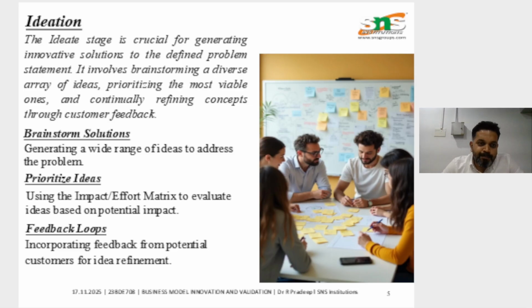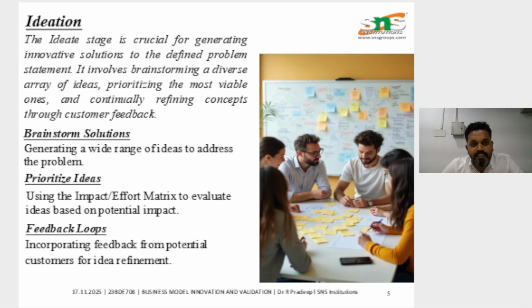From these, we can prioritize which will create a great impact, which requires what effort, and which can give a potential impact on the particular problem. So brainstorming gives lots of ideas, from which we can prioritize what is needed and what can be used, and then incorporate feedback from potential customers for idea refinement.